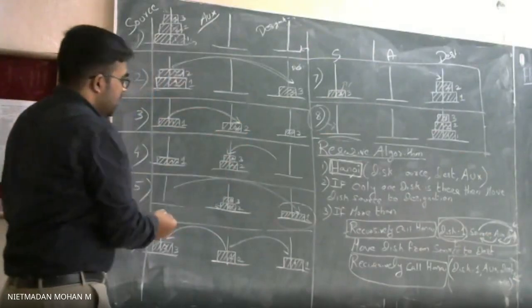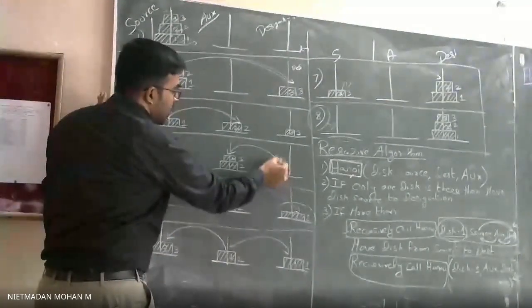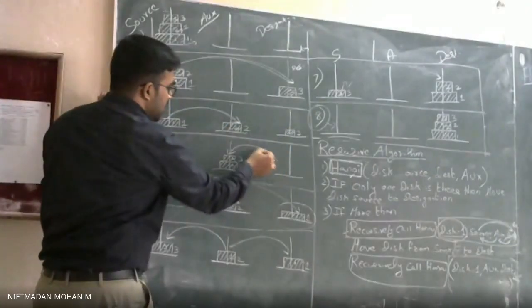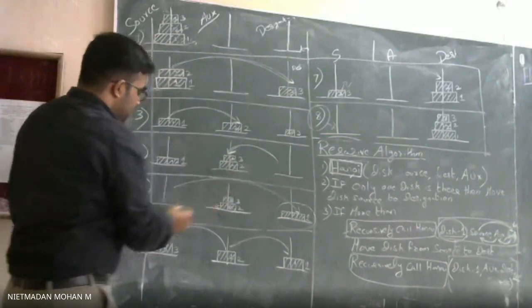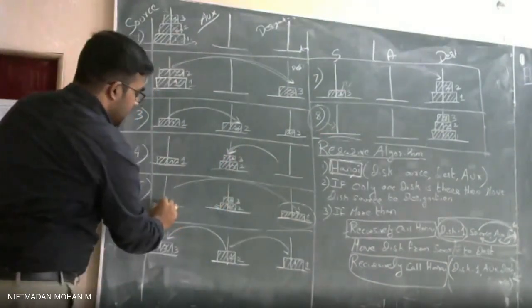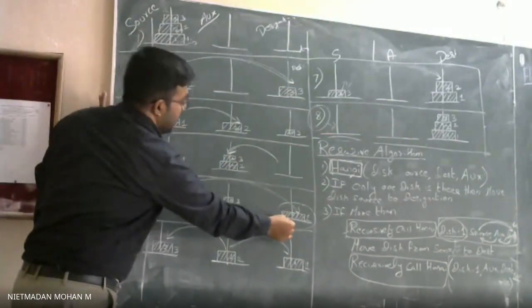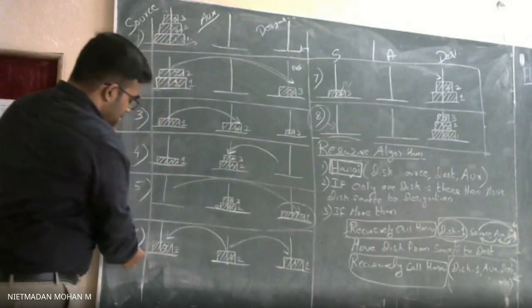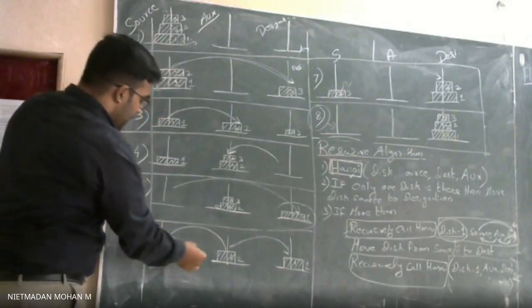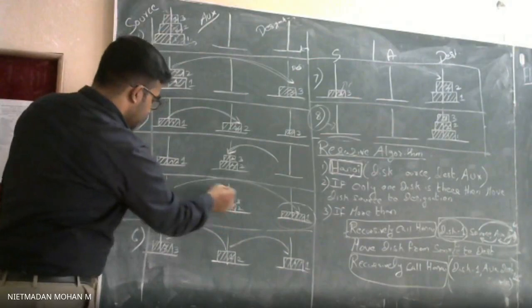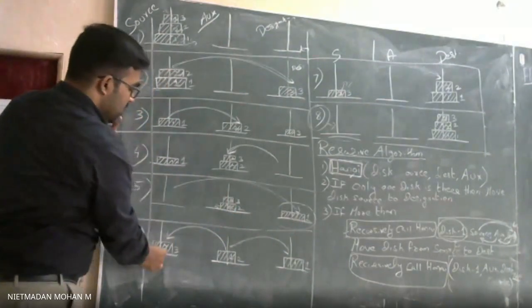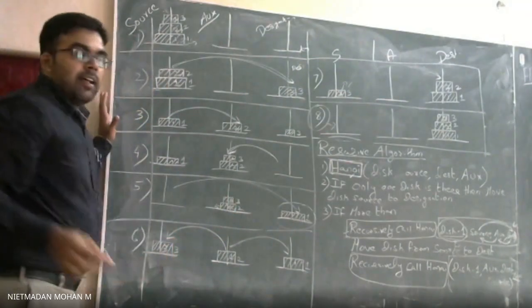And third, I am moving disk 3 onto disk 2. And fourth, I am moving disk 1 to the destination. And in the sixth step, I am moving disk 3 to the source. Am I audible to you?